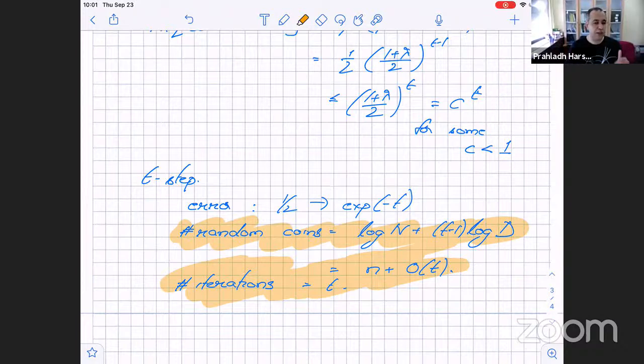Both these applications should really impress on you why we need the super explicit construction of expander graphs. That is, we need a construction which is not just polynomial in the size of the graph, it's actually polylogarithmic. That is, you can talk about the neighborhood relationships in polylogarithmic time instead of polynomial.